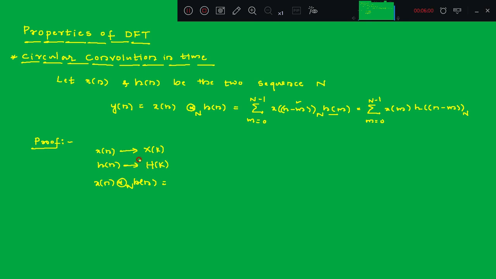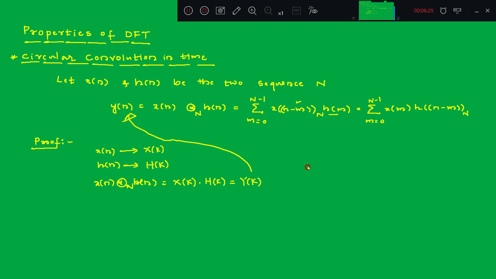What is the DFT of x of n? Which is X of k, into the DFT of h of n, which is H of k, and the product of these two DFT sequences is given by Y of k, and this Y of k is the DFT of the circularly convolved time domain signal y of n.